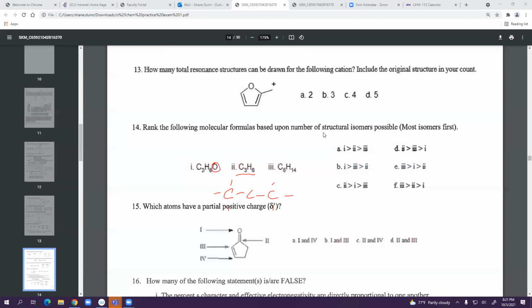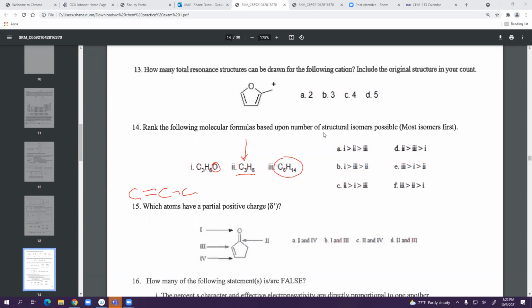Having a double bond can make you have different molecules, that's why that one is going to be lower. A double bond with only 3 carbons can only go one place, right? Do you see that? It either goes there, and that's it, because if I move the double bond to the other place, it doesn't do anything. So it technically only has 1 structural isomer. That makes sense? So few carbons with 1 double bond has very few isomers.